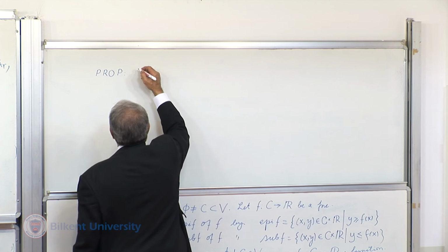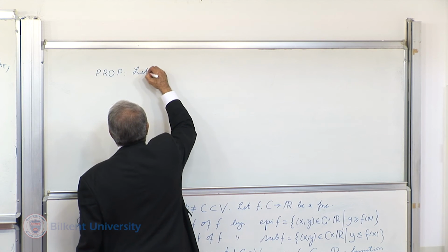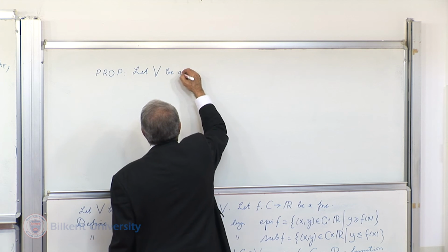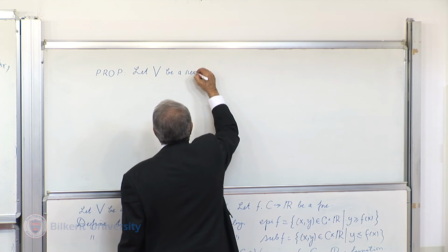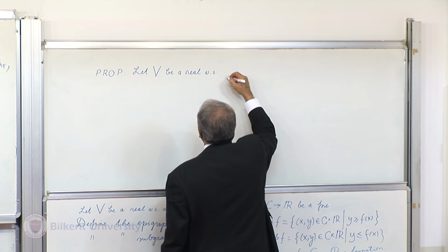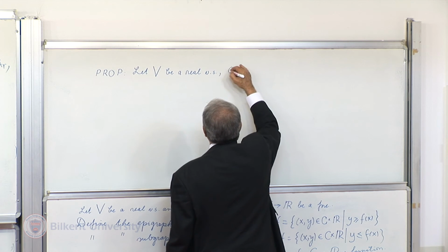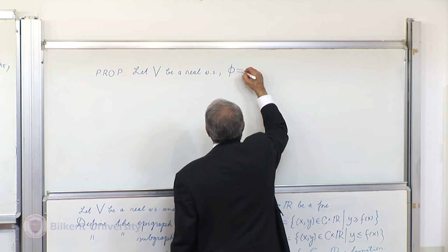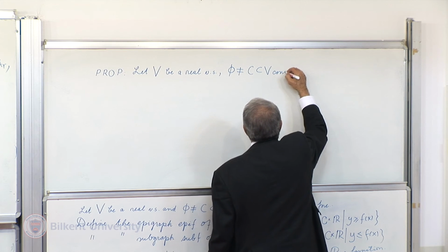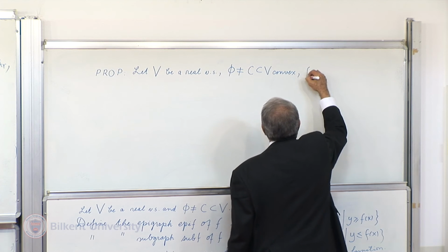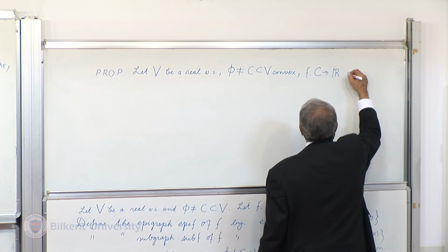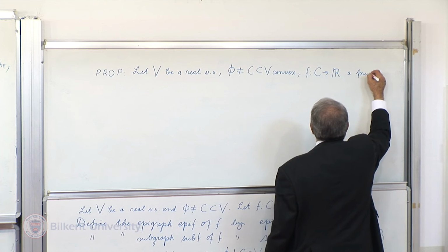Now let V be a real vector space, C in V convex, f on C to R a function.